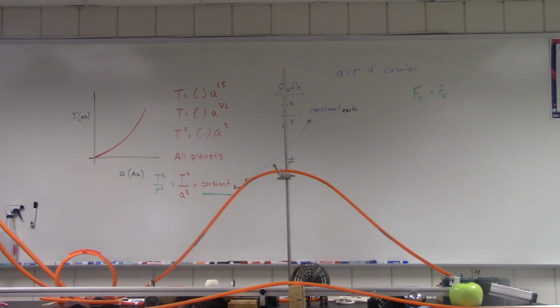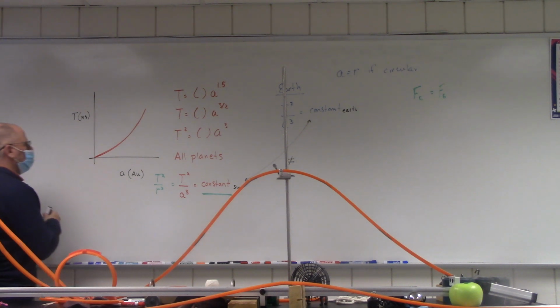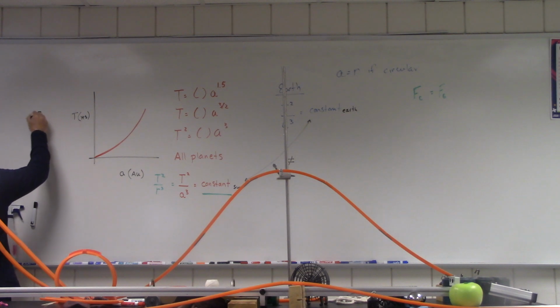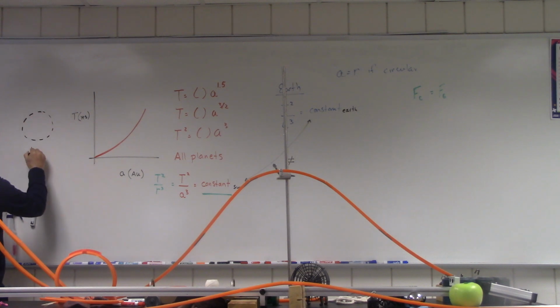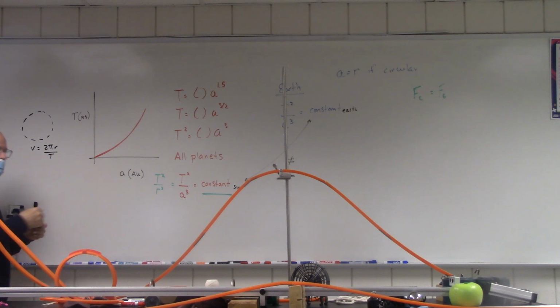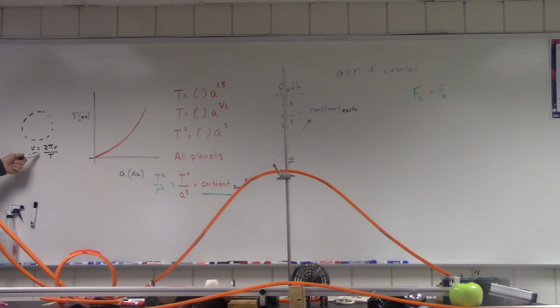Very nice. Keep going. Don't forget that if you're in a circular orbit, the speed is equal to 2 pi R over the period, remember? Don't forget that. You're probably going to need that piece of information.